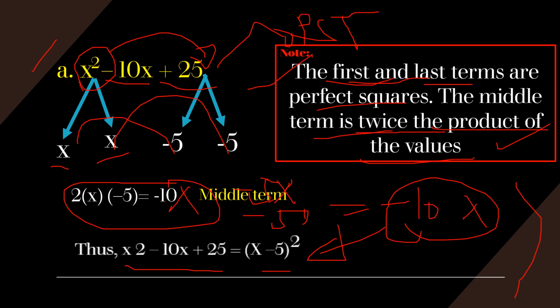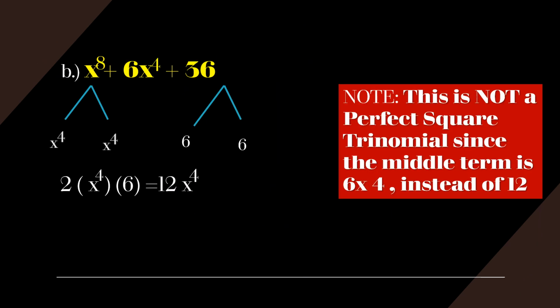We can factor it into a square binomial, x minus 5 raised to 2. Okay. And letter B, we are going to explain why it's not a perfect square trinomial.